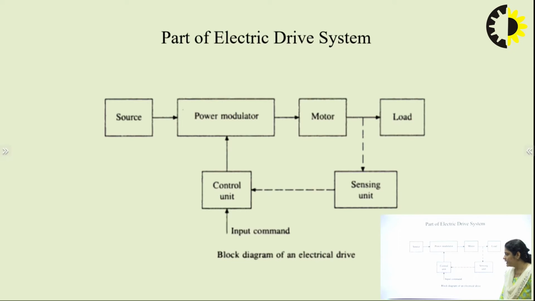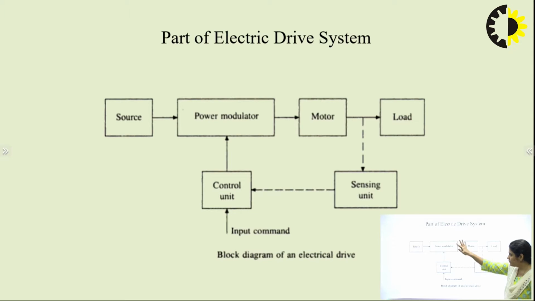So you get the control signal depending on the difference between the reference value and the current value, and it will feed to the power modulator. Suppose it's a thyristor based converter, then by using the control unit we can decide the firing angle of the power converter. According to that, the flow of power can be controlled, right?